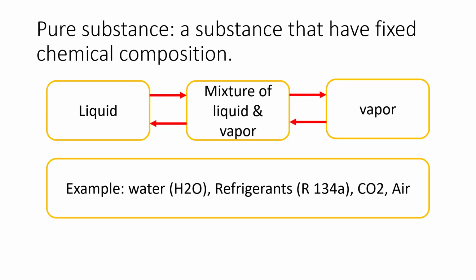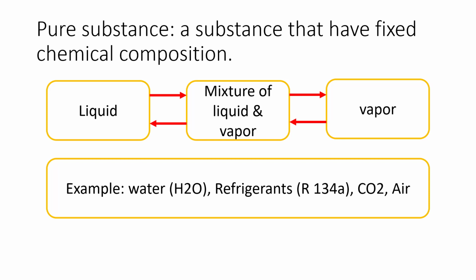Now let's look at pure substance. Pure substance can be defined as a substance that has a fixed chemical composition. What it means by having a fixed chemical composition is that whether in liquid phase, mixture of liquid and vapor, or pure vapor state, the composition is still the same.